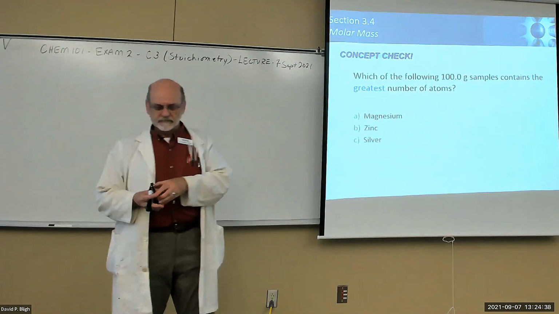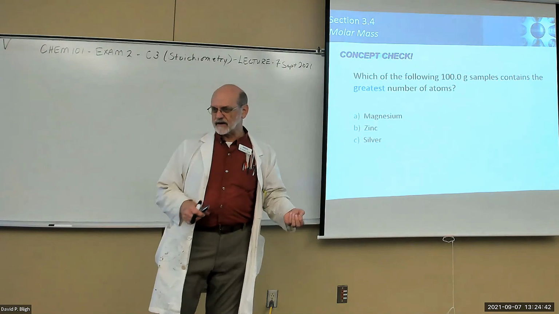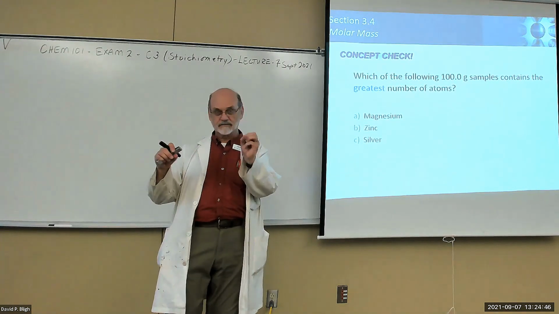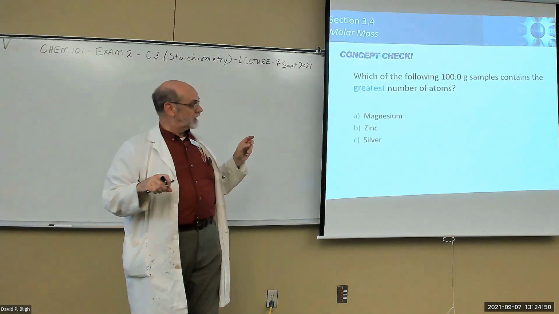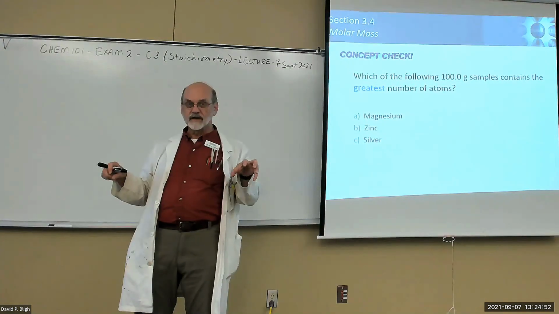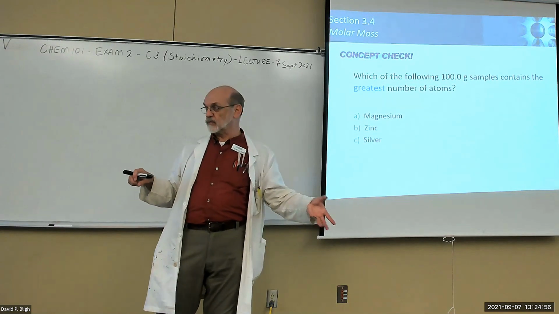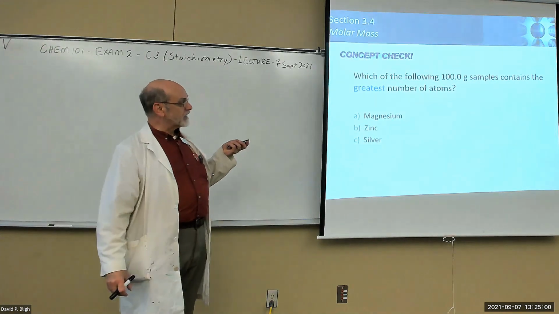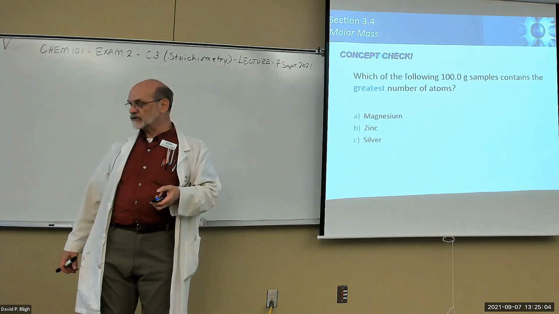So if I've got a bag of jelly beans over here, and I've got a bag of lead shot over here of the same size, and I want the same mass of each one, which one do I need more of? Jelly beans, because they're lighter for each one. Same concept for atoms. The one that's going to have the greatest number of atoms is the one that has the lightest atom on average.